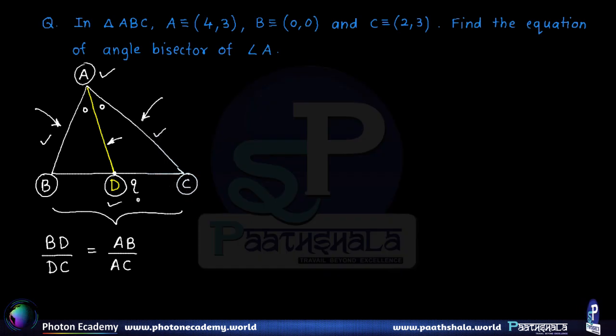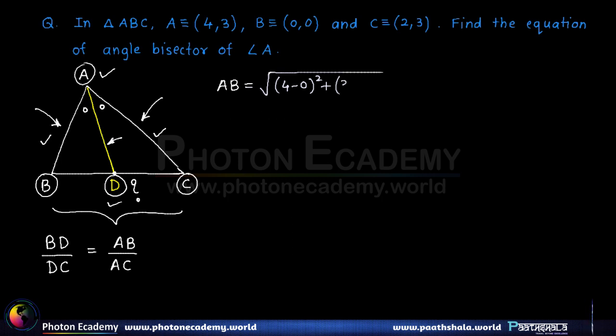Okay, so let us calculate side AB. Now side AB is nothing but the distance that we calculate using the distance formula. So that means it is square root of 4 minus 0 the whole square plus 3 minus 0 the whole square. So 3, 4 and 5 form the Pythagorean triad. So clearly 5 is the answer.